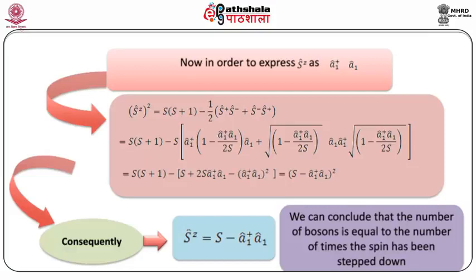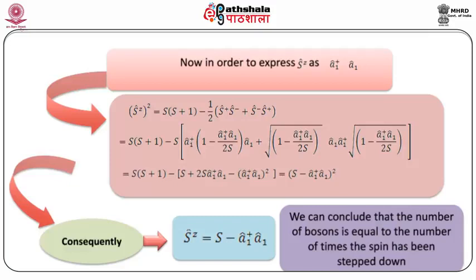Now, in order to express the Z component of the spin, Sz, in terms of A1 dagger and A1, we can write Sz square is equal to S into S plus 1 minus half of S plus S minus plus S minus S plus. We already have the relations for S plus and S minus, so you can substitute them here, and we get Sz square equal to S into S plus 1 minus S, a whole bracket.